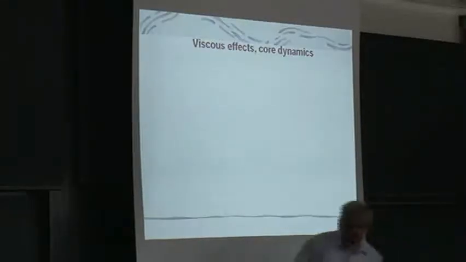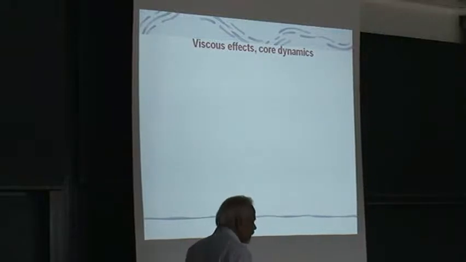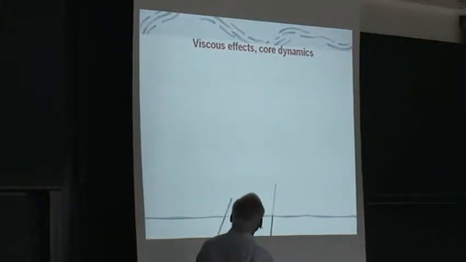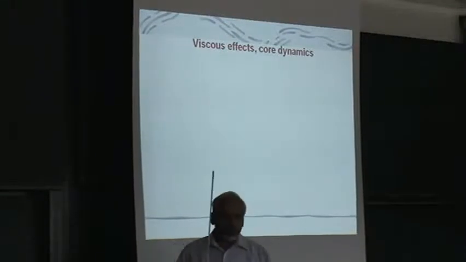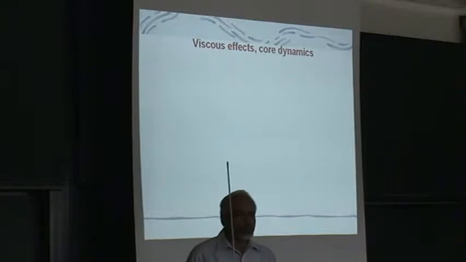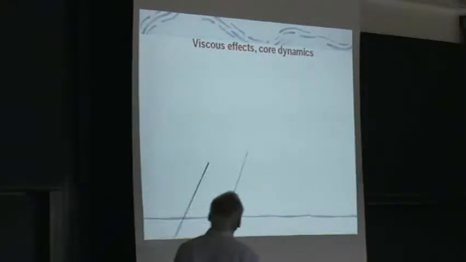Now, the brief description I gave you earlier of reconnection ignores many things. At least two of them are the viscous effect. Clearly, when I was talking about reconnection, the change of topology would not be possible if viscous effect somehow did not come into play, and I didn't mention anything of that.